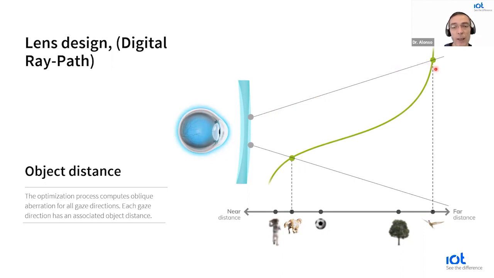Because as we will see later, the oblique aberrations of the lens will depend on the object distance. Then typically we will have this green curve representing the object distance associated to each gaze or to each viewing direction.